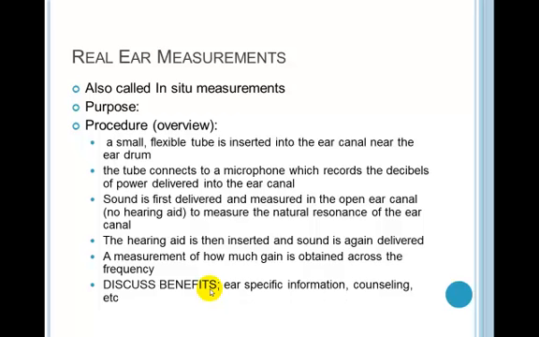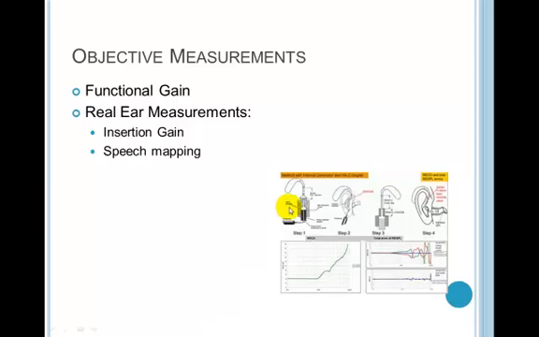Well, those specifications were measured in a piece of equipment called, I'm flipping back, a 2cc coupler that is going to imitate the human ear. Well, there's a problem here. A 2cc coupler is about the average size of a male ear.